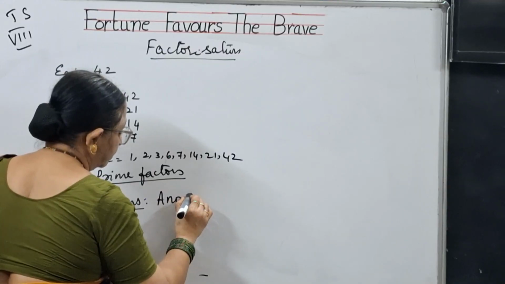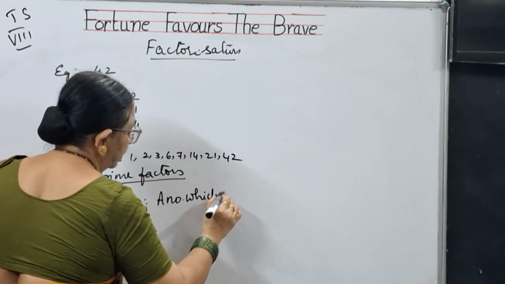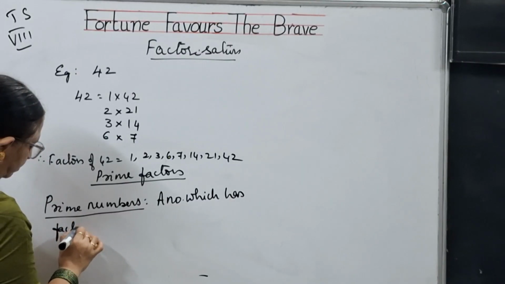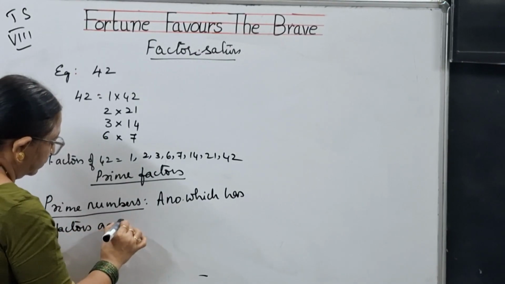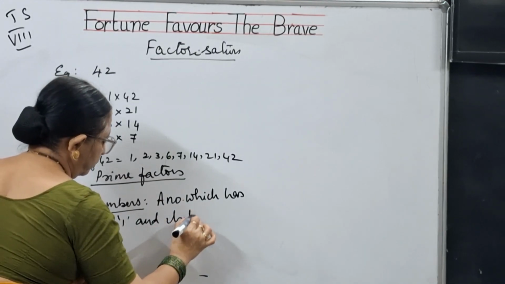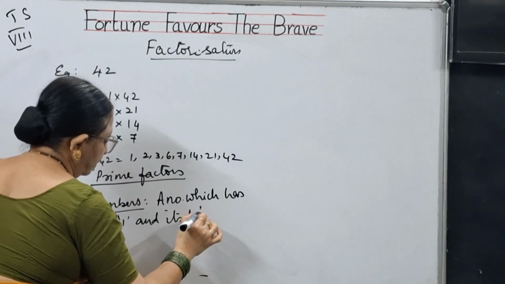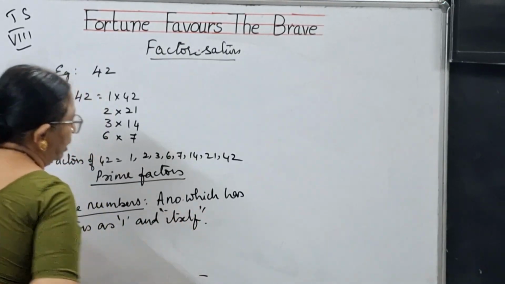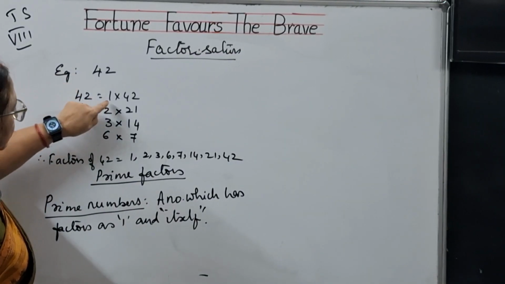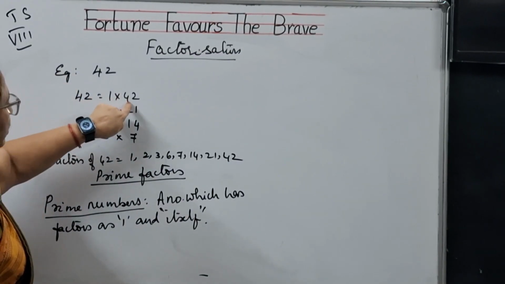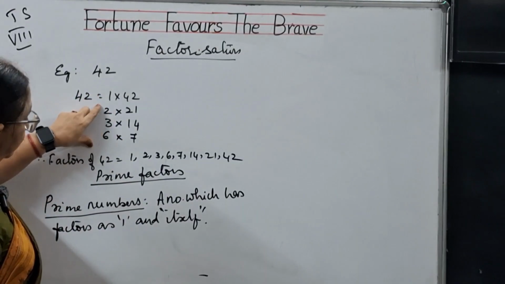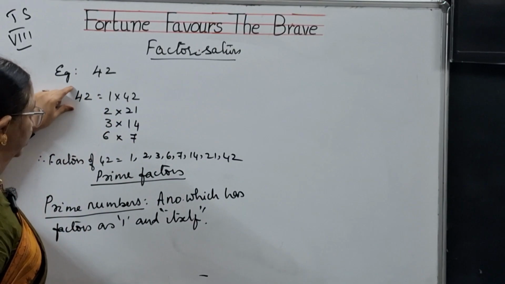A number which has factors 1 and itself. So it has factors as 1 and itself. Suppose you have taken 42. 42 has 1 and itself, but you have many more numbers by which you can find factors of the given number.